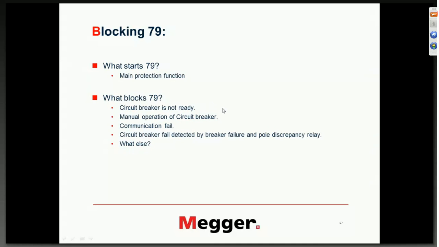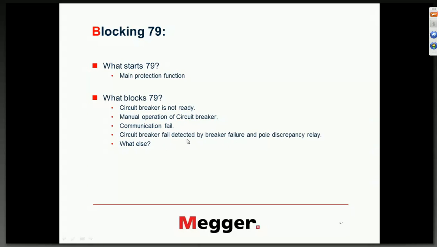That could also be a manual operation of the circuit breaker. That could be a communication fail, making the 79 function not reach the reclose circuit or the auxiliary circuit. And some other things: circuit breaker fail detected by the breaker failure and the pole discrepancy relay.